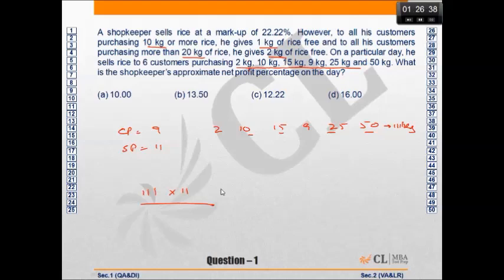And what is he giving extra? For purchasing 10 kg or more, he gives 1 kg rice free. 1 kg rice will come here, and for 20 kg or more, he gives 2 kg rice. So another 2 kg goes here. 1 kg rice here also. So it's 2, 4, 5, 6. So it's 107. His cost is 117 into 9.